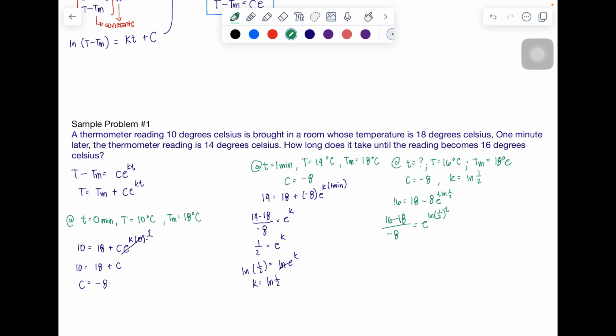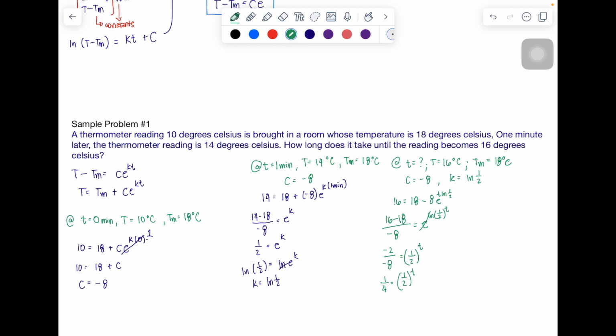Simplifying, 16 minus 18 is negative 2 over negative 8. Then e to the ln cancels out, and we are left with 1/2 to the t. So this is basically 1/4 equals 1/2 to the t.